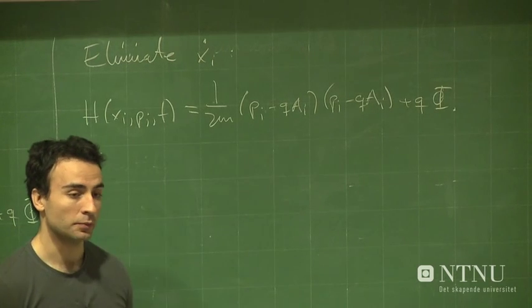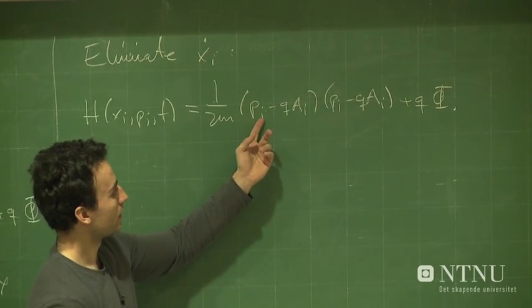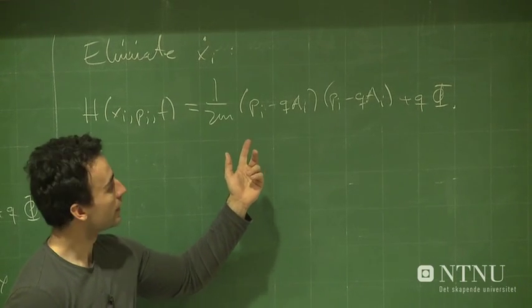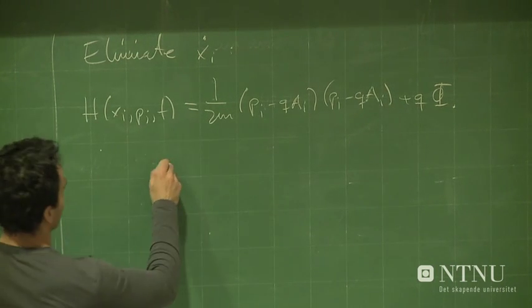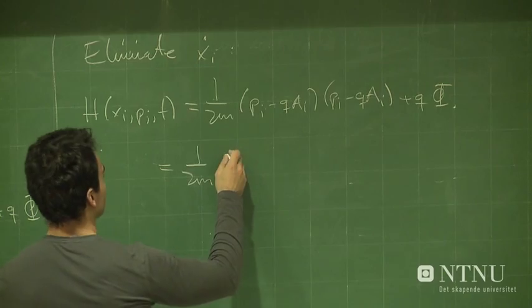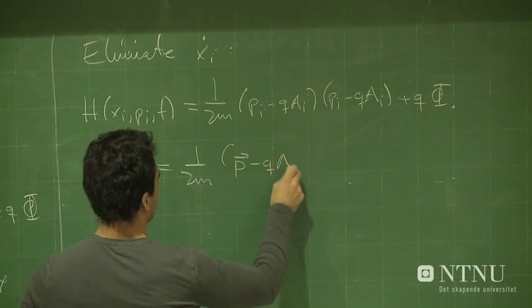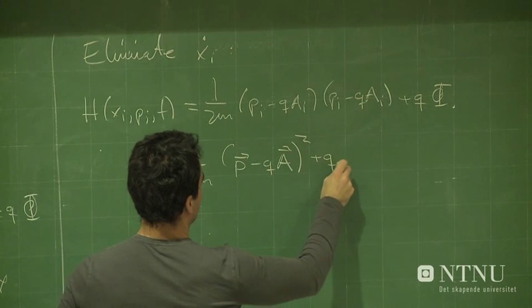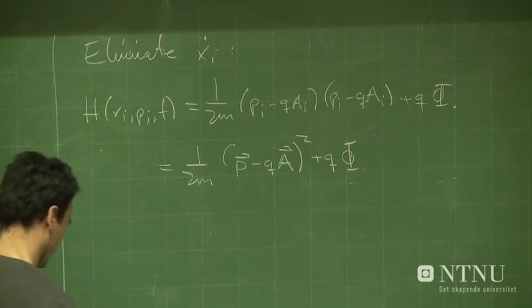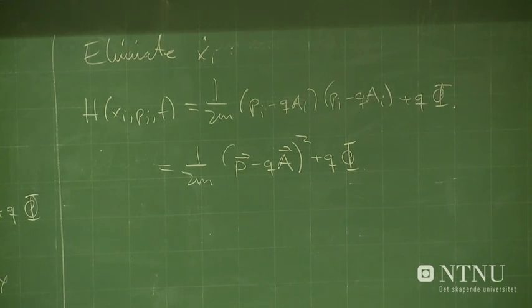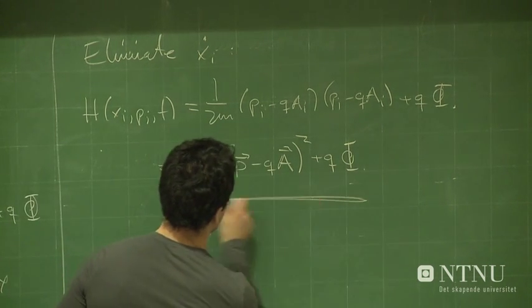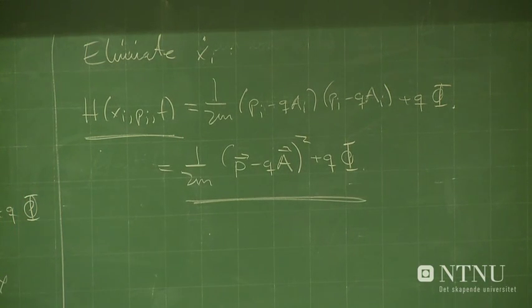So we see here that we have an inner product of two vectors, namely p vector minus qA vector. So that's the Hamiltonian for a particle in an electromagnetic field.